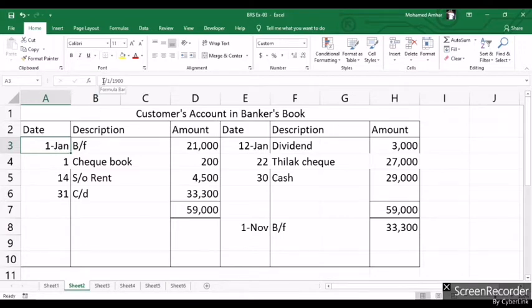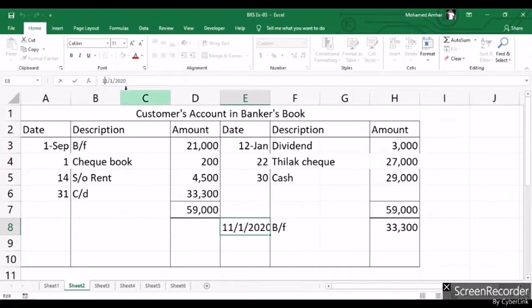September means the 9th month. Then it should be October, which is the 10th.